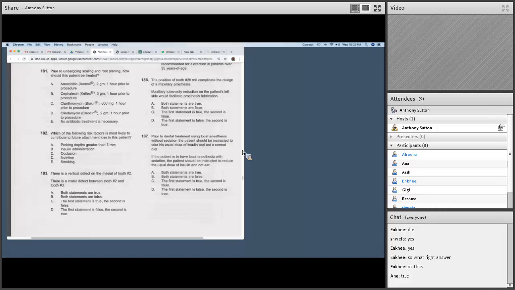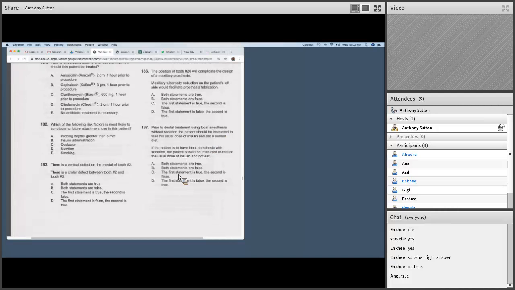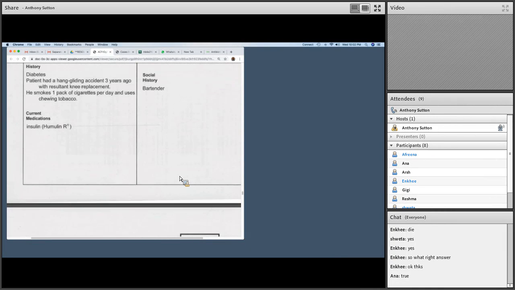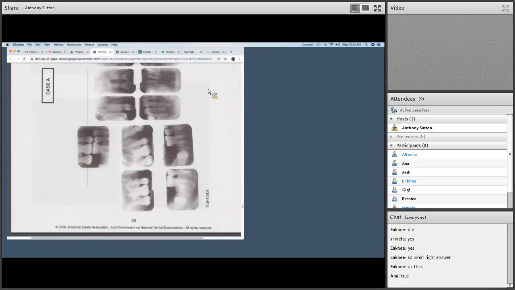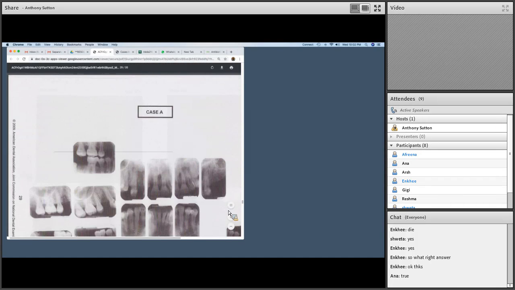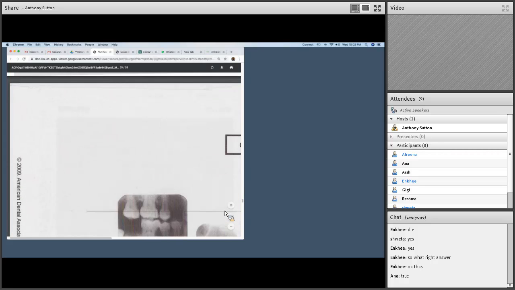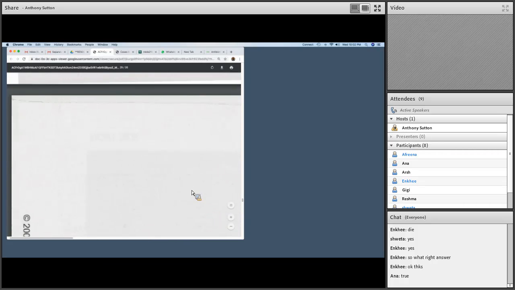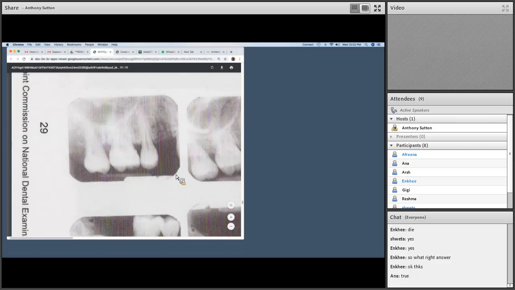So the real question is, is there a crater defect or is there not a crater defect? Well, a crater defect looks just like what I saw on that x-ray.